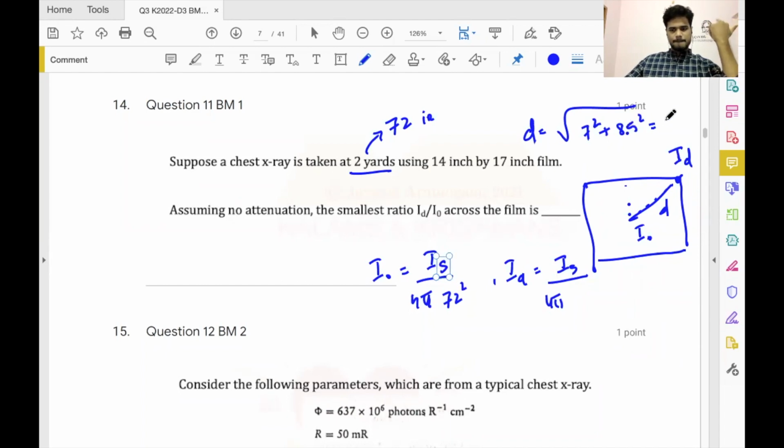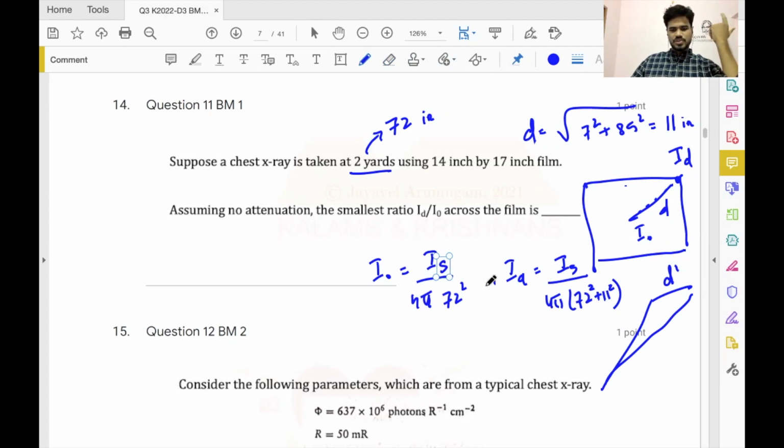And that is 11 inches. So this should be 72 square plus 11 square. So that is the total distance. If you look at this triangle, this distance is d square plus r square, where our r is 70.